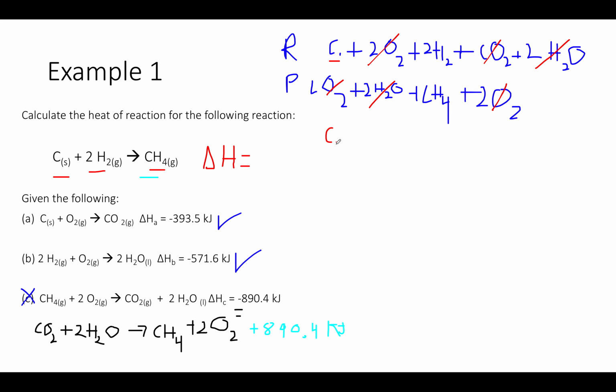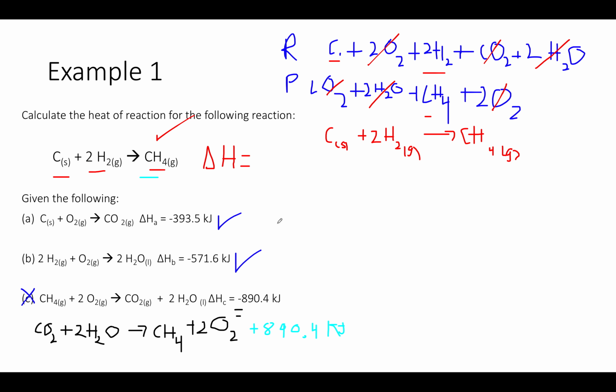Solid carbon plus 2 moles of hydrogen gas give us one product, which is methane gas. Now would you look at that? That is our reaction. So that means we did this correctly, but we're not done.